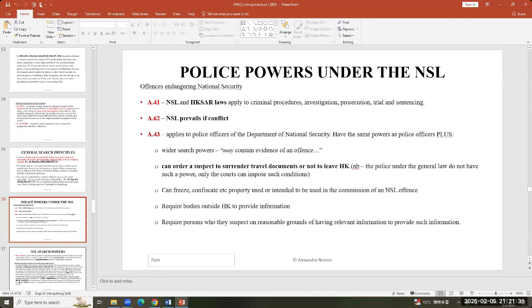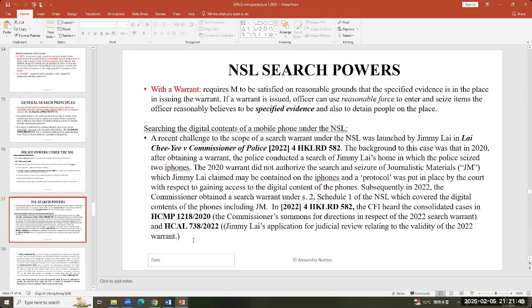They can order an arrested person to surrender their travel documents, not to leave Hong Kong, whereas the general police under general criminal provisions cannot do so. And I put here some general points about searching under the NSL, searching the digital contents of the phone, etc.